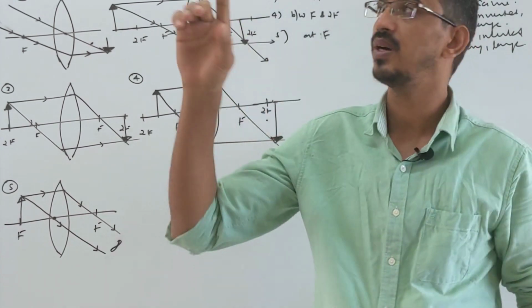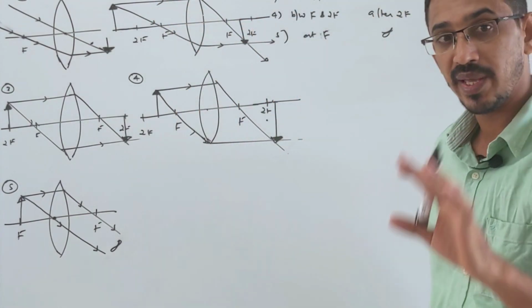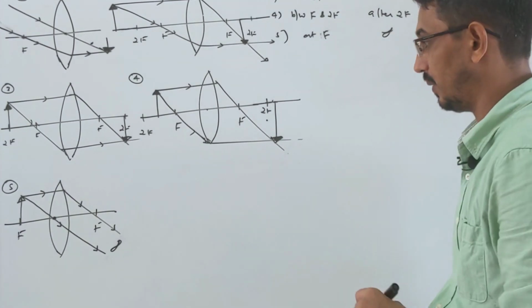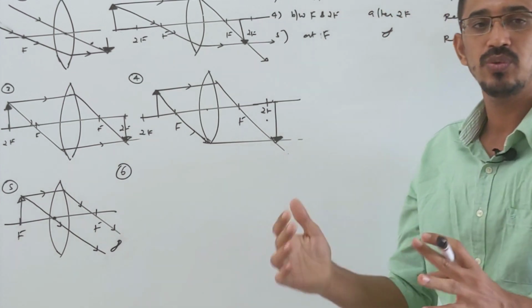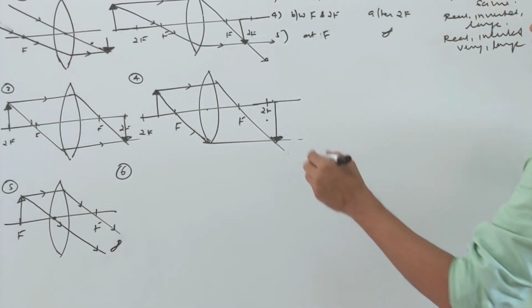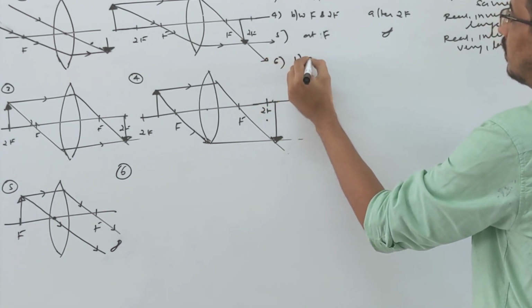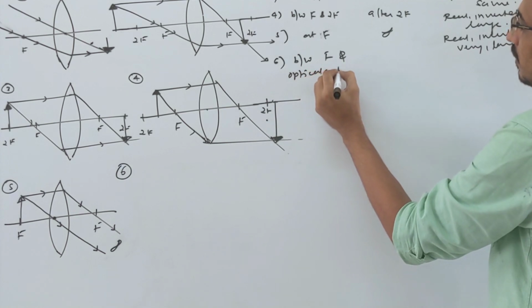Yes. These were the 5 cases where the object makes a real image, just like your concave mirror, with the same answers all. Okay, the magnification answer will also be the same, I will tell you. Okay, the last case is special. If you bring your object too close, you put it between the focus and your optical center, right? So in the 6th case you are putting it between the focus and the optical center.